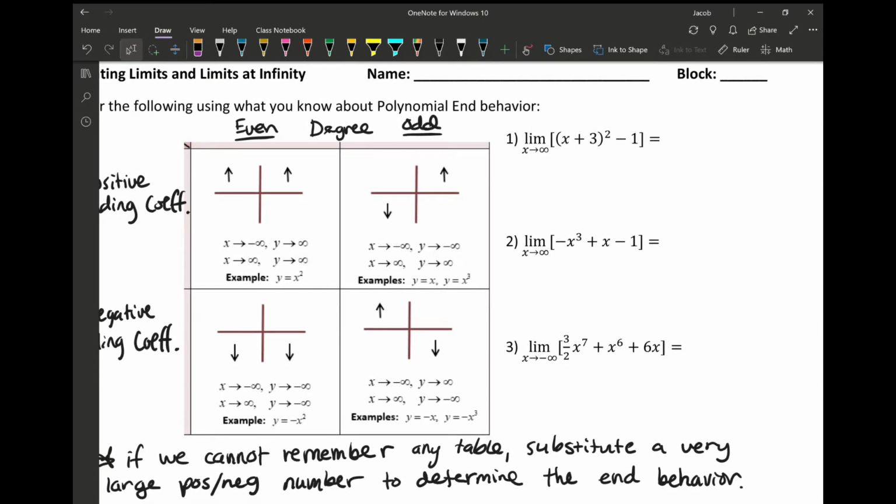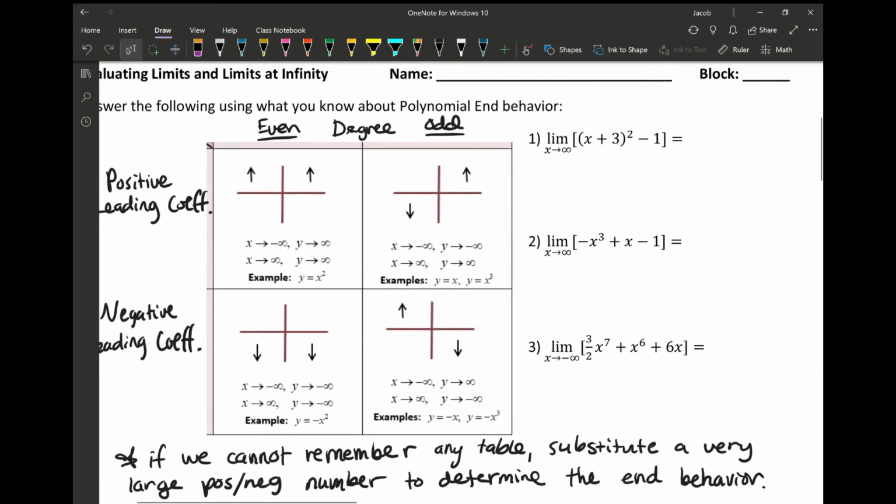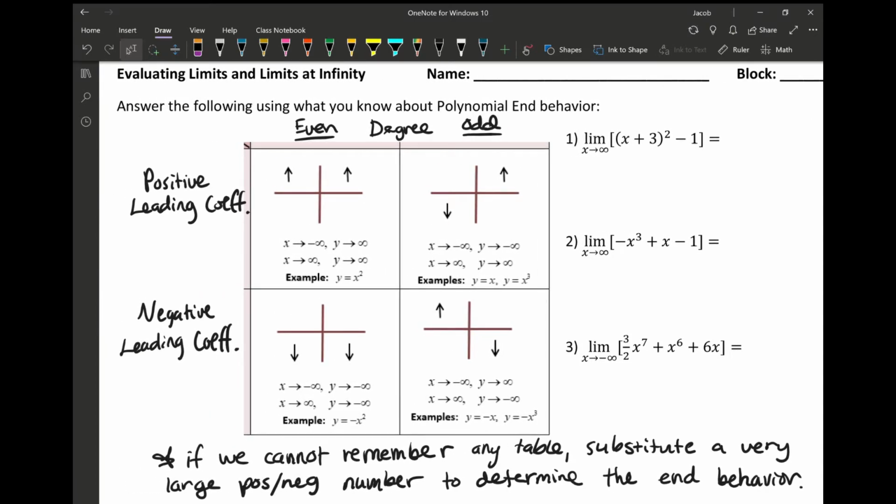So here we're looking at polynomials, and you might recognize this table from previous pre-cal or algebra 2 classes. This is the way end behavior works for a polynomial. So if I've got y equals x squared, then that's an even degree polynomial with a positive leading coefficient, so its ends will be pointed up.